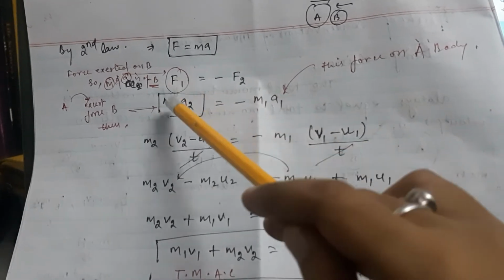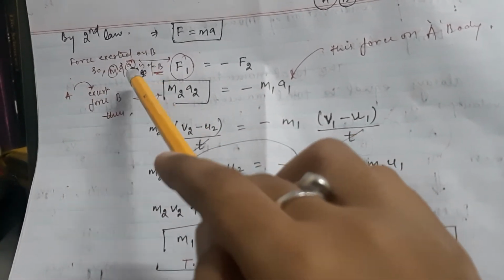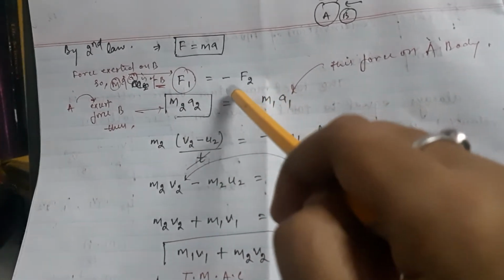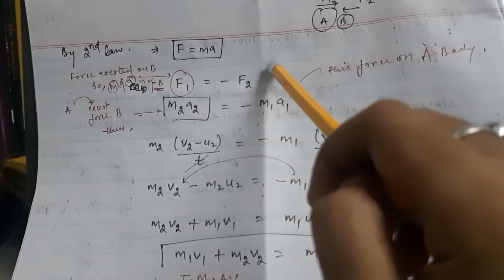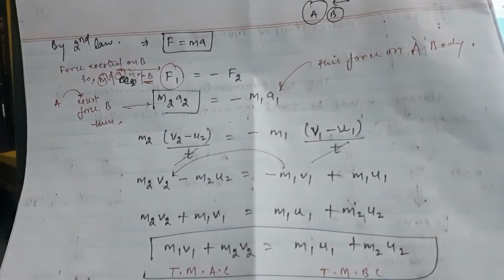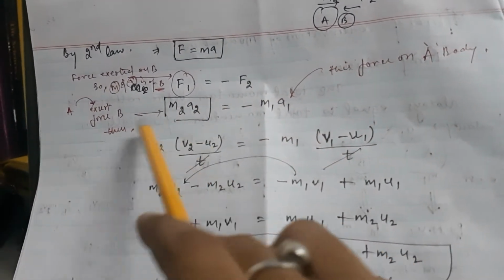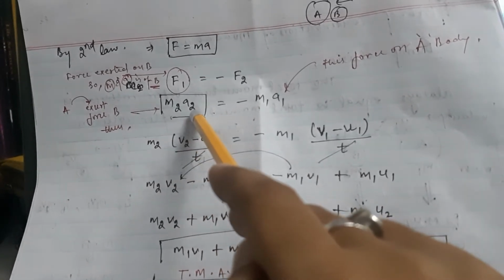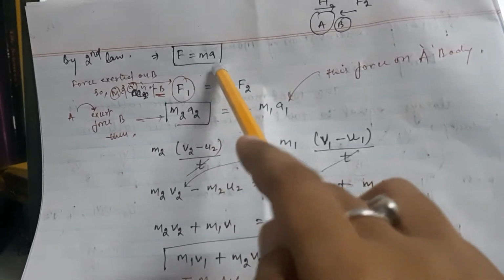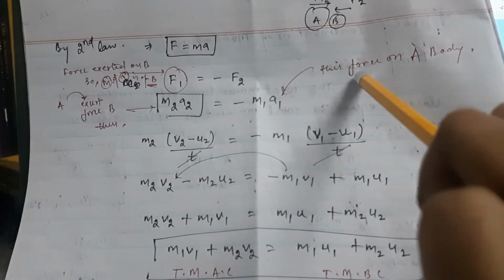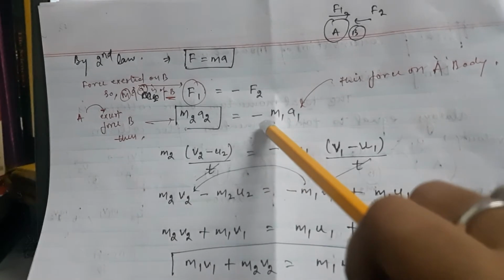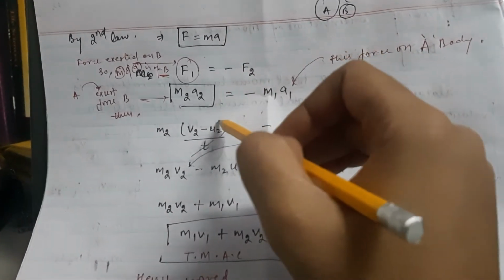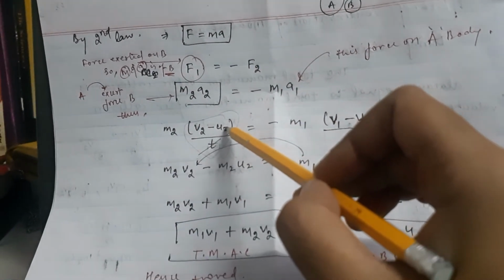From the third law of motion, F1, which is the force exerted on B by A, is equal to the negative of F2, the force exerted by ball B. So A exerts a force on ball B, which is equal to the mass of ball B into acceleration of ball B, because force is equal to mass into acceleration. Similarly, we can write the force by ball B on A in negative. The acceleration a, which we studied in an earlier chapter, is equal to final velocity minus initial velocity upon time t.